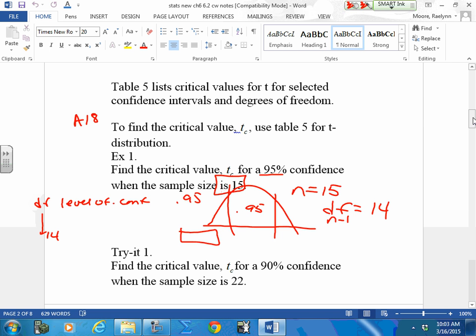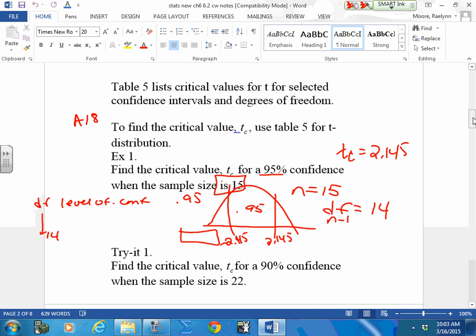It makes it much easier. 95 is right across the top. Degrees of freedom, remember, it's not your sample size, it's your degrees of freedom. So you see where it intersects? Good. So it's a negative 2.145 and a positive 2.145. And when we did the zc, we left it as positive. We will leave this one as positive.